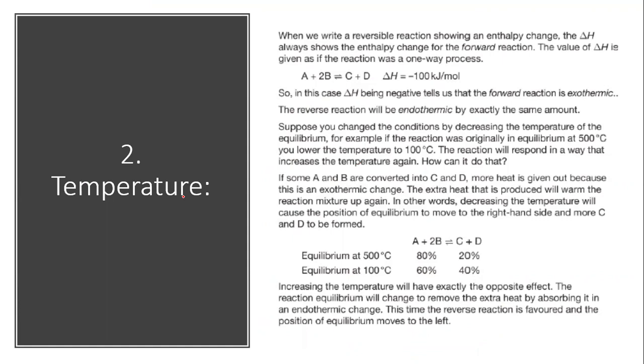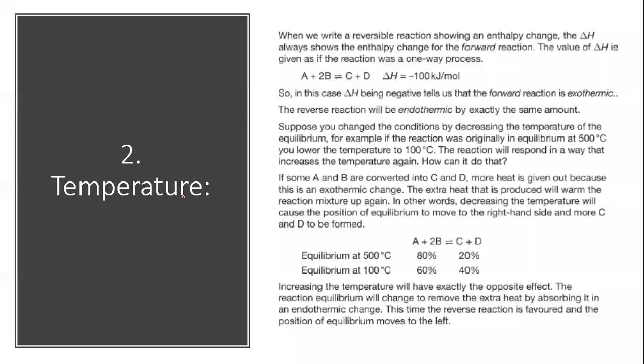Okay. Then we have to go over what happens with temperature. Before we do temperature, you have to know some certain terminologies like exothermic and endothermic, which is the topic of chemical energetics. So when you do it, you will study everything in a lot more detail.